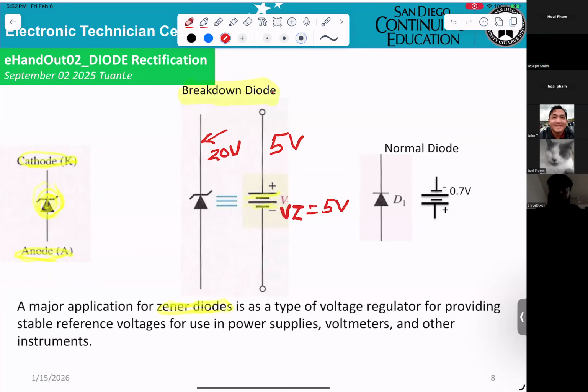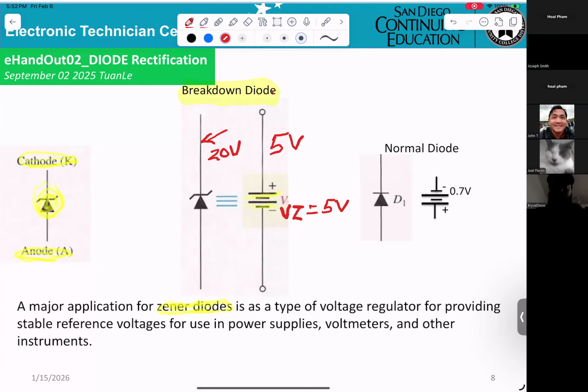In case the voltage coming in is more than 5 volt, they break it down. They get only 5 volt. Okay? That prevents damage inside the computer.